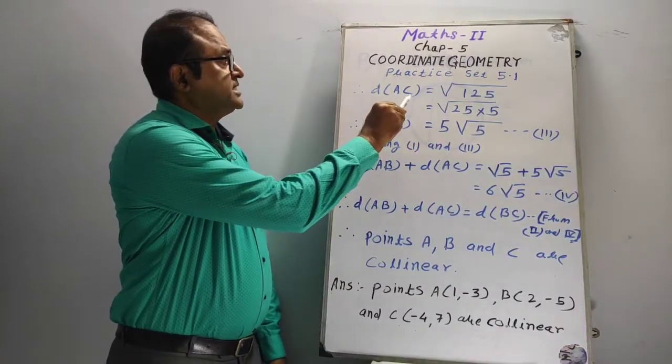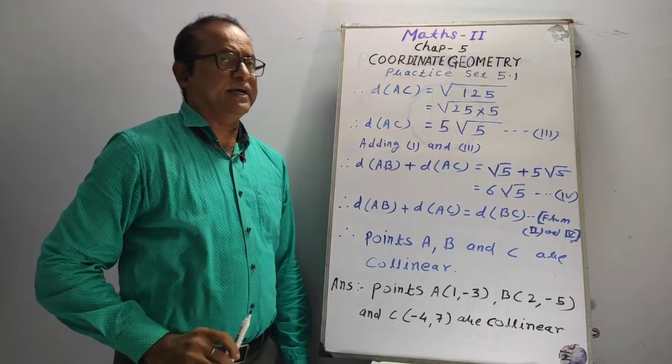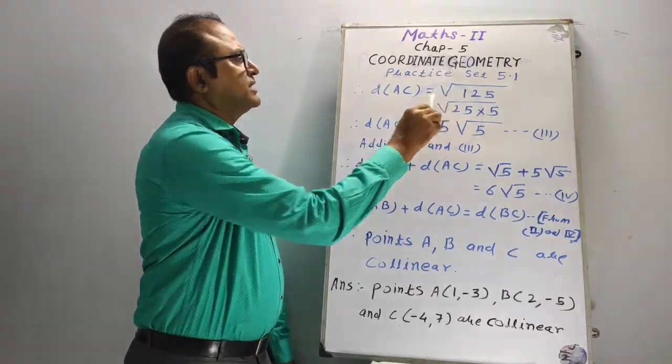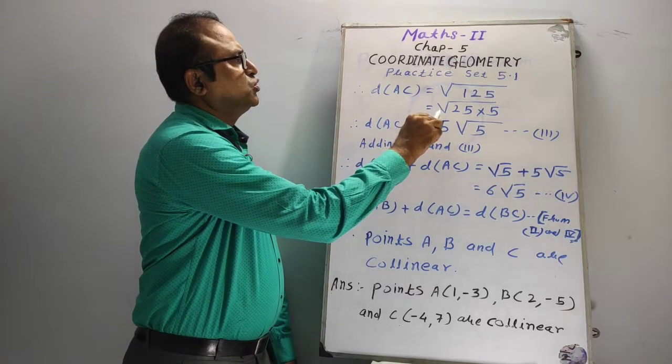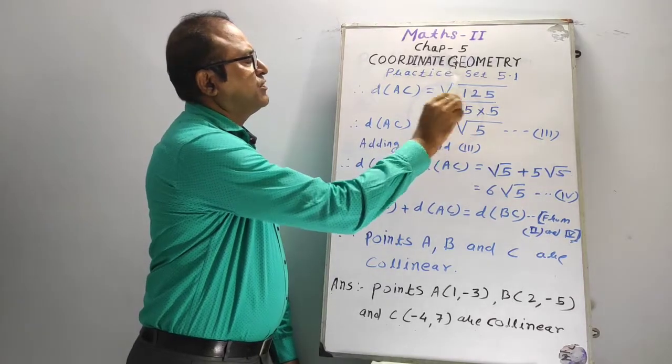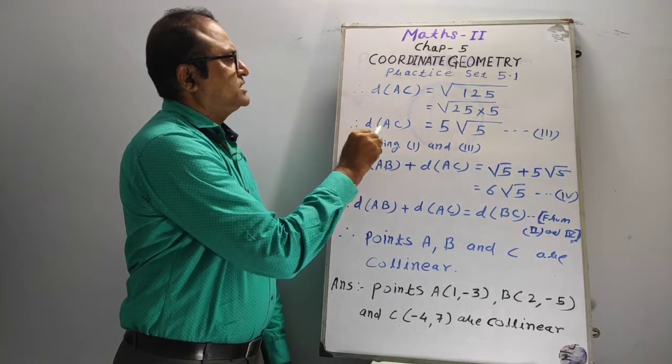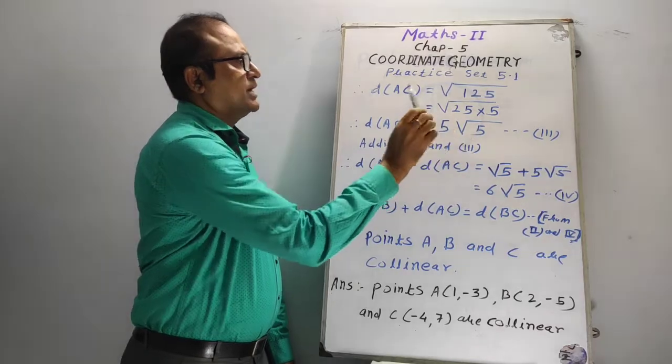Next, distance AC is equal to root 125. Factor of 125: root of 25 into 5. Therefore distance AC is equal to 5 root 5.